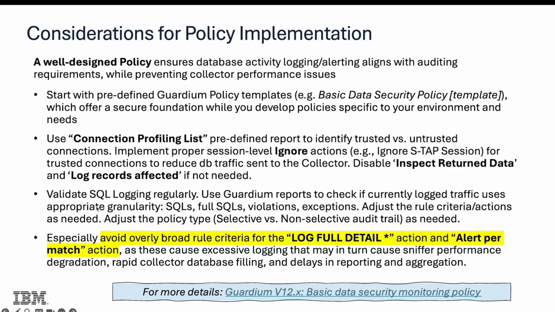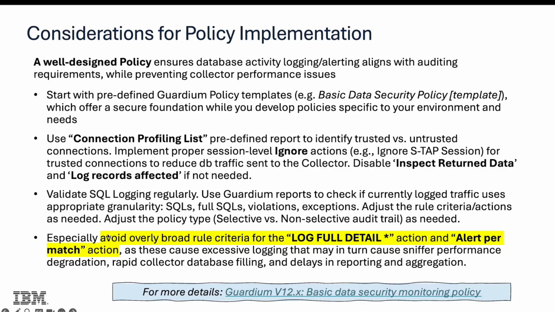Also, don't forget to check your SQL logging regularly. You can use Guardium reports to make sure the logged traffic is at the right level, whether that's basic SQLs, full SQLs, violations, or exceptions. If it's not, then adjust your rule criteria, actions, or even switch the policy type between selective and non-selective audit trail as needed.